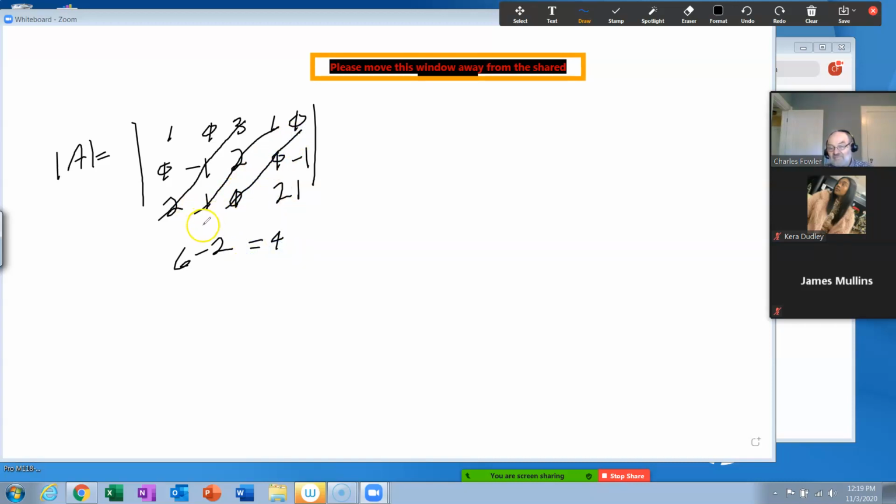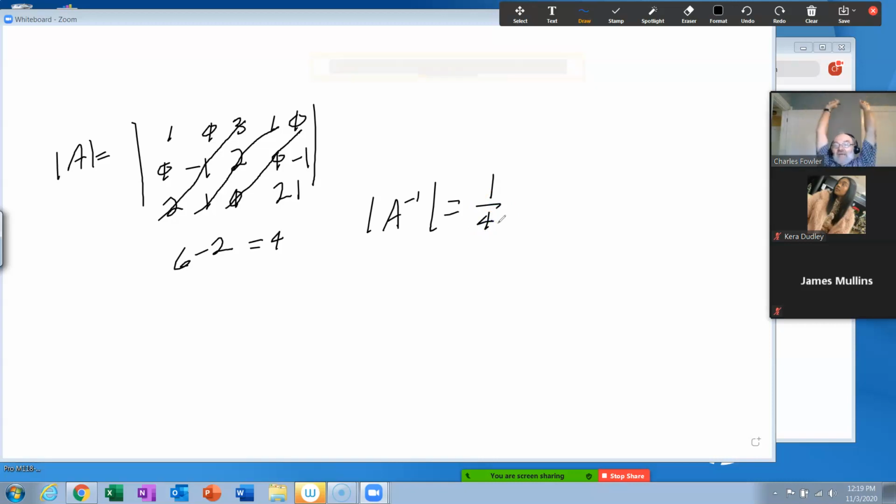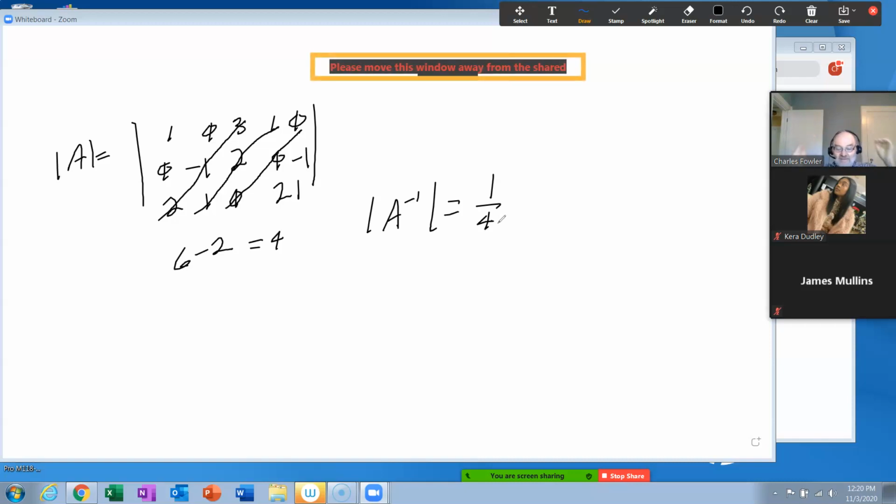That's the determinant of A. So the determinant of A inverse, from our last theorem, is going to be 1/4. That was a lot easier than finding the inverse of A and then finding the determinant of that inverse.